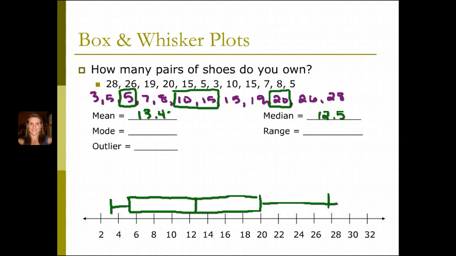Again, mode is the number that happens most often, and in this situation we have 2 because 5 happens 2 times and 15 also happens 2 times. We still don't have an outlier because none of the numbers in our data set is significantly larger or smaller than the majority of numbers. And then our range is 28 minus 3, which gives us a range of 25.